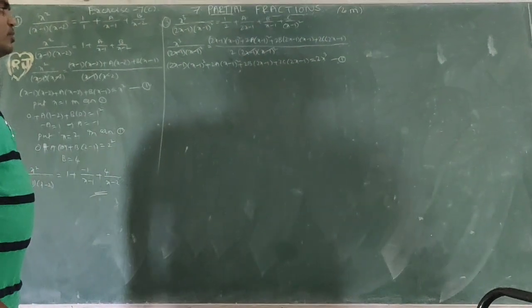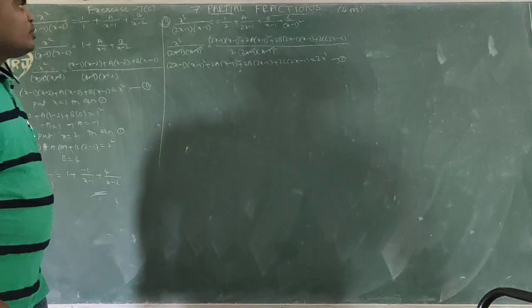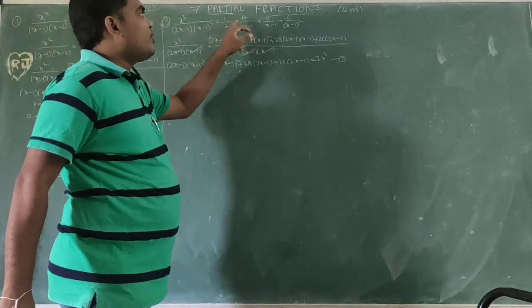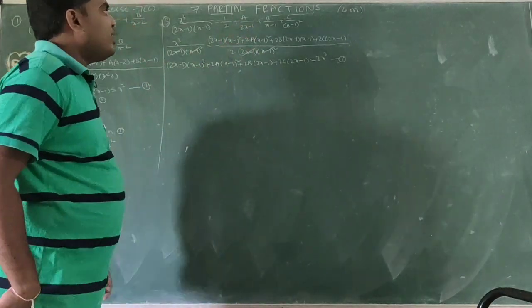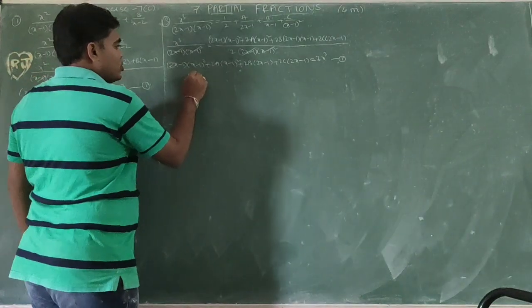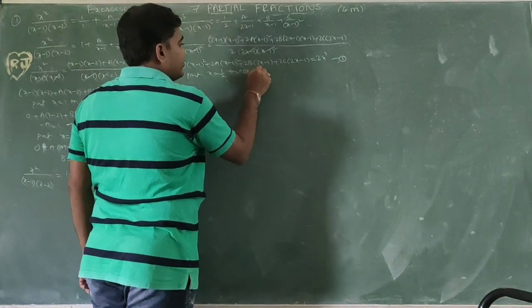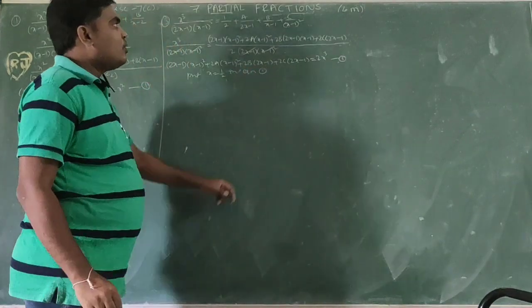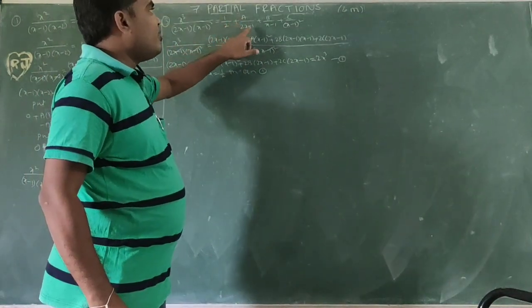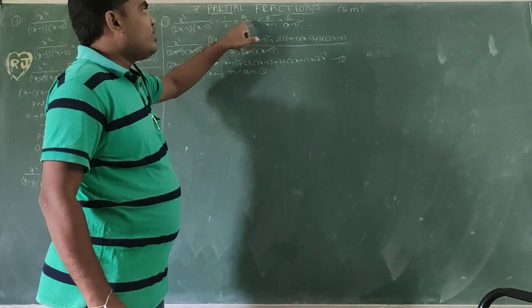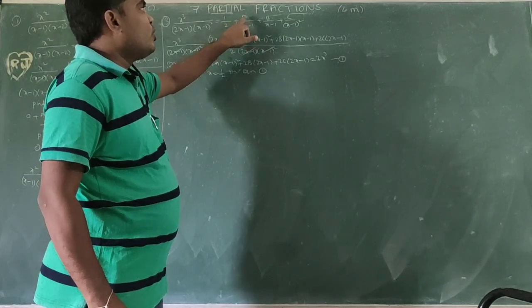Now, the denominator 2x minus 1. 2x minus 1 is 0 at x equal to 1 by 2. Put x equal to 1 by 2 in equation 1. The denominator of a is 2x minus 1, which I want to convert to 0 to get a.